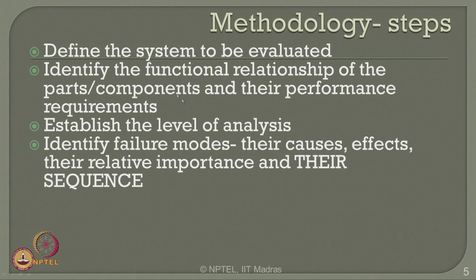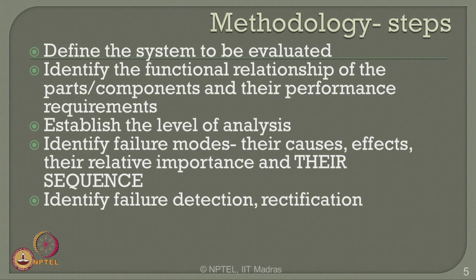So, dear friends, define the system, and identify the functional relationship between the components and the performance requirements. Therefore, it is a design intent here. Establish the level of analysis which you wish to perform, then identify different failure modes, their causes and their effects, and most importantly their sequence of failure, in which we envisage their relative importance in a given overall assembly.